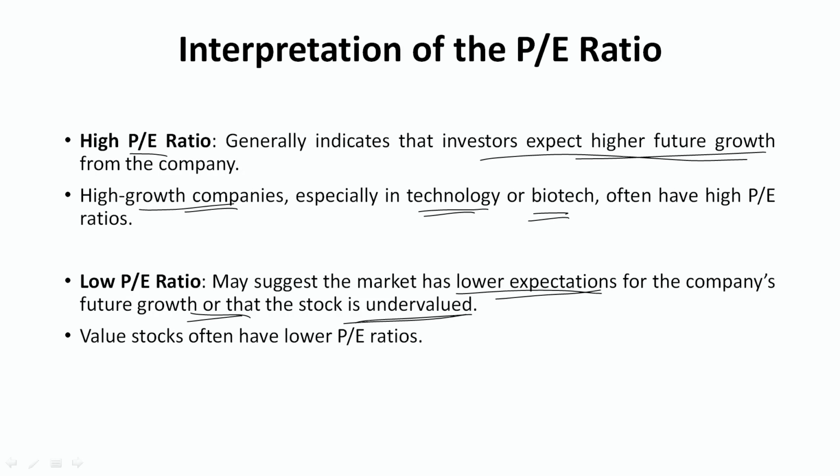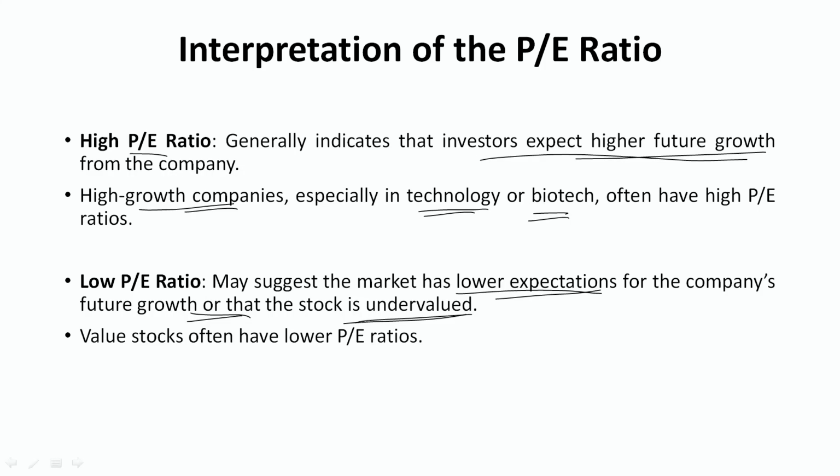So if it is lower expectation, then automatically there are chances that the earnings will also come down. But if the stock is undervalued, it can make a course correction in time to come, which will be reflected in later quarters. So there's no problem with that.